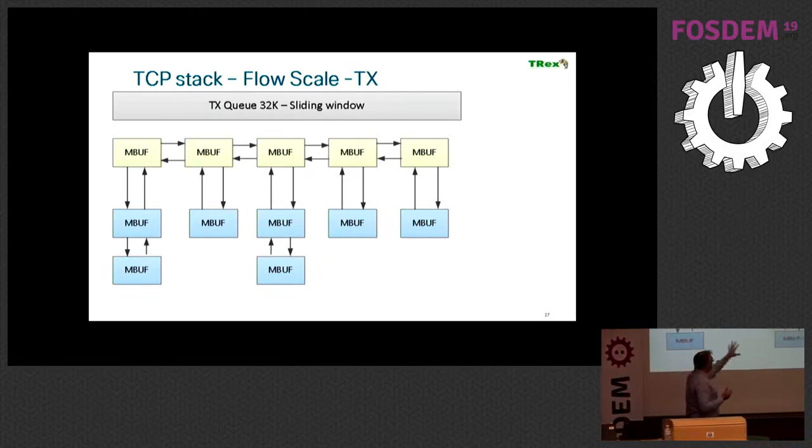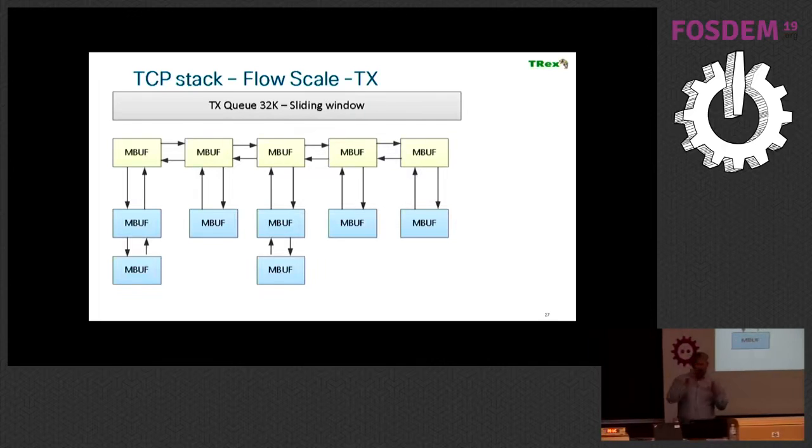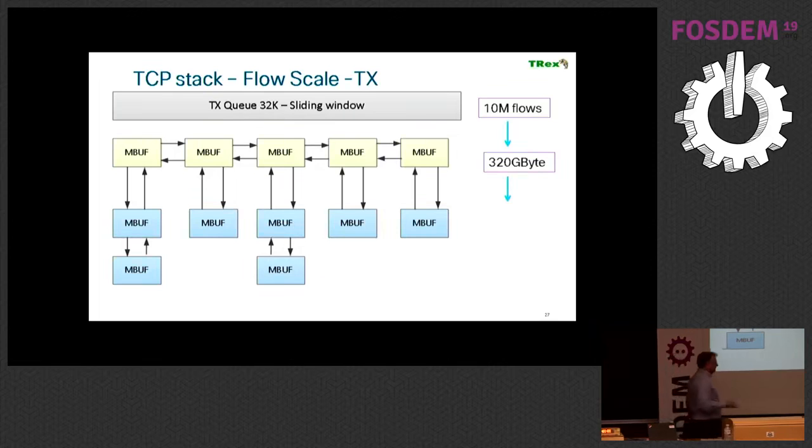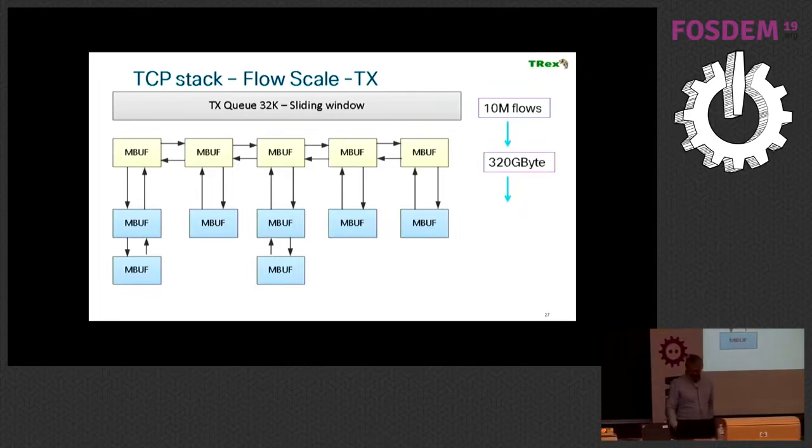This is how the mbuf, a layer inside the kernel that manages the pointers inside the packet, works. This is how a packet looks like. Okay? It needs 32K. In the worst case, if we need 10 million flows, let's do the math. 10 million flows multiplied by 32K is close to half a gig of memory. But we cannot have half a gig of memory for 10 million flows. We support 40 million flows.